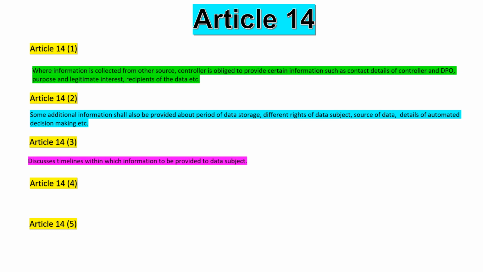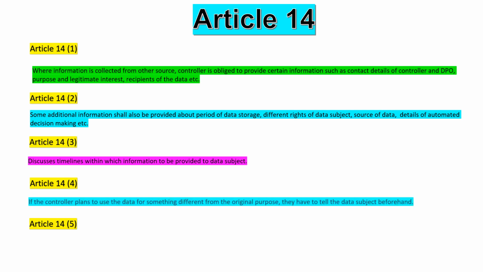14.3 discusses timelines within which information is to be provided to the data subject. 14.4 says that if the controller plans to use the data for some purpose different from the original purpose, then they need to tell the data subject before processing for that different purpose.